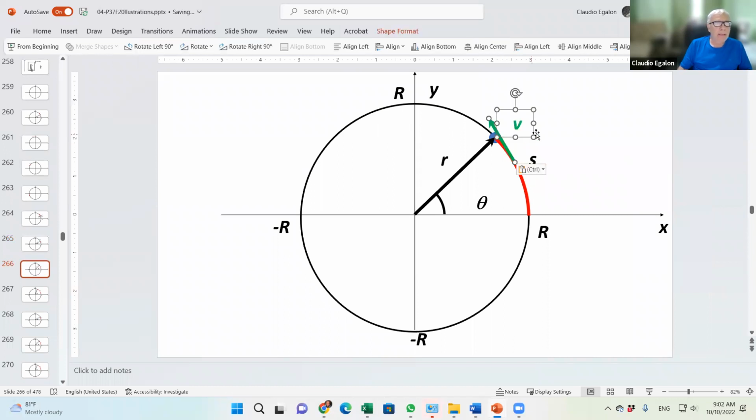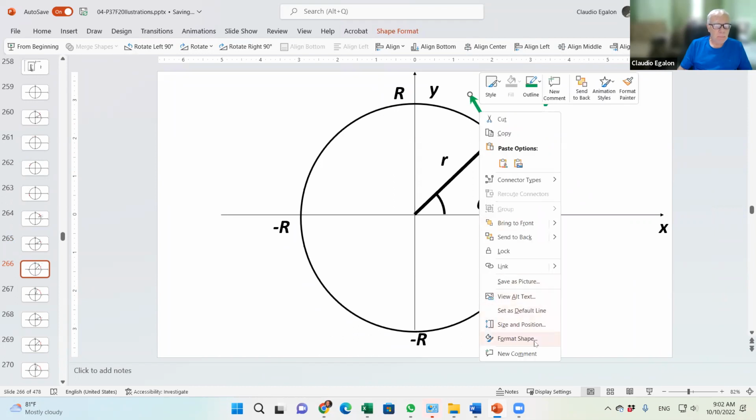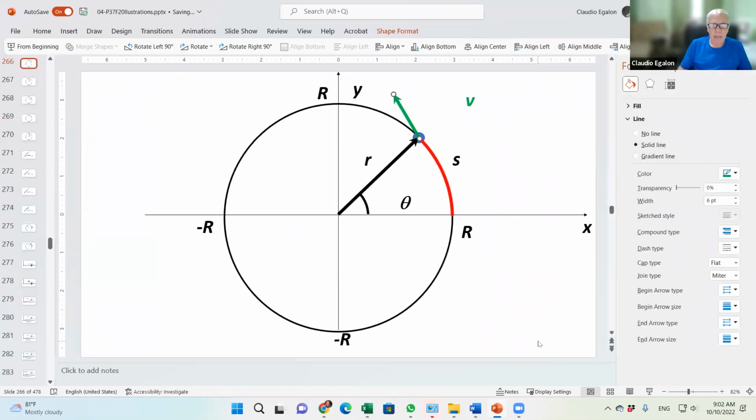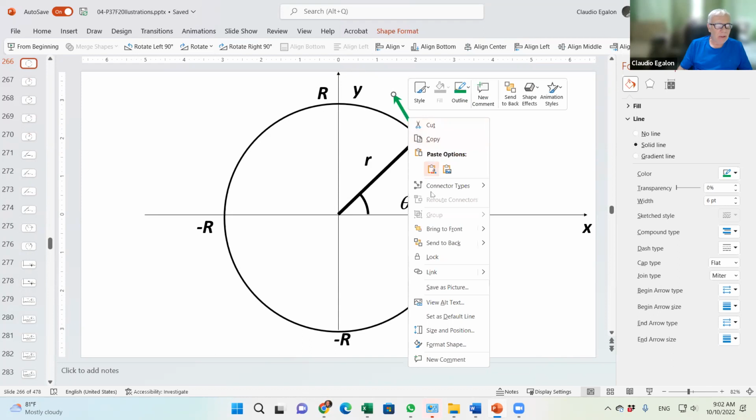At this point in time here, the velocity vector is going to change, but not the speed. Why is it going to change? Because it's going to make a different angle with the x and y axis.